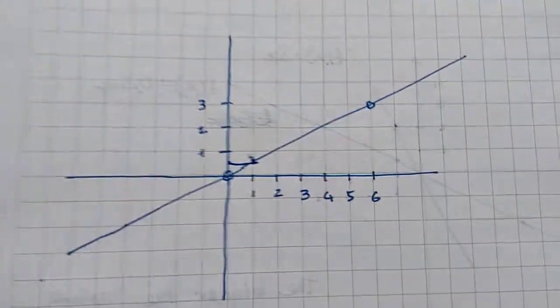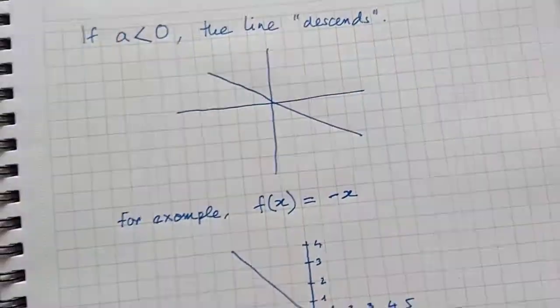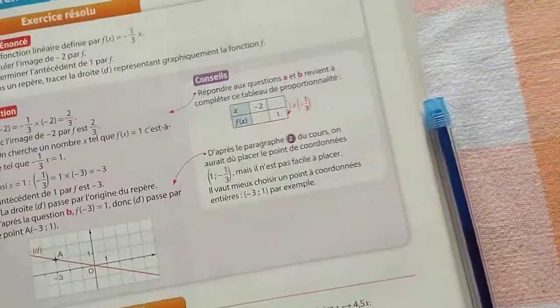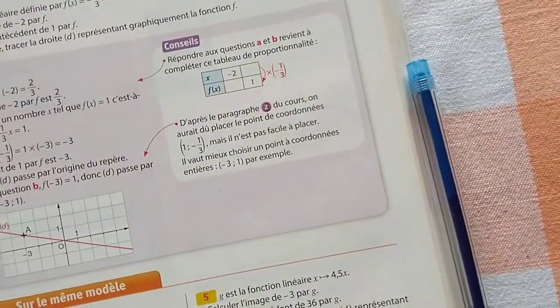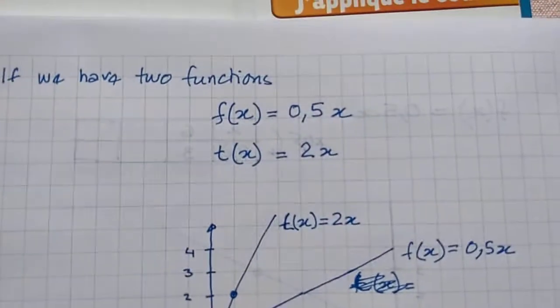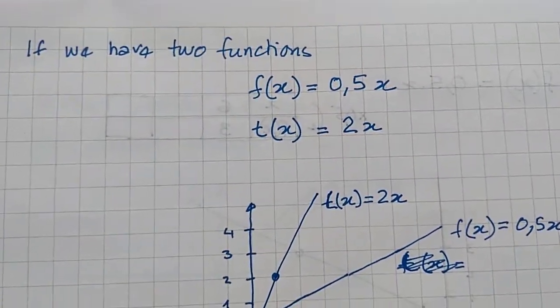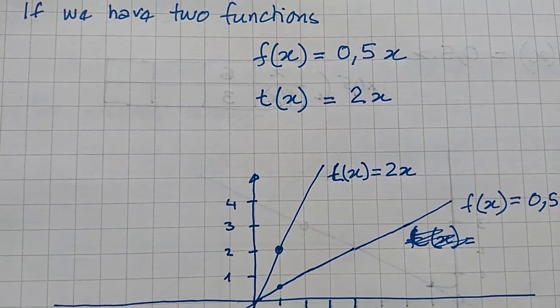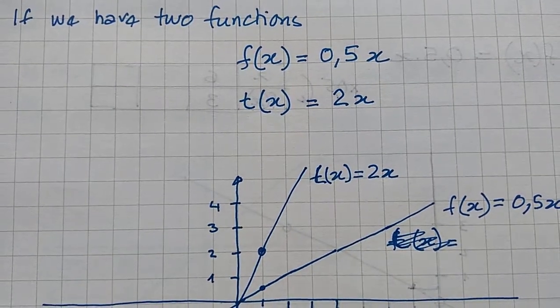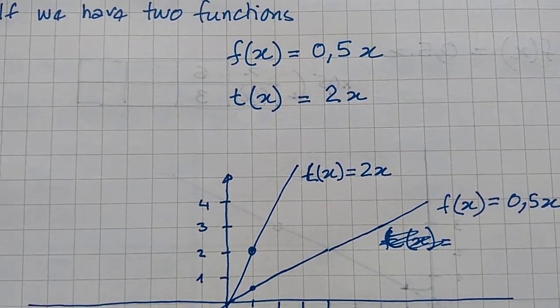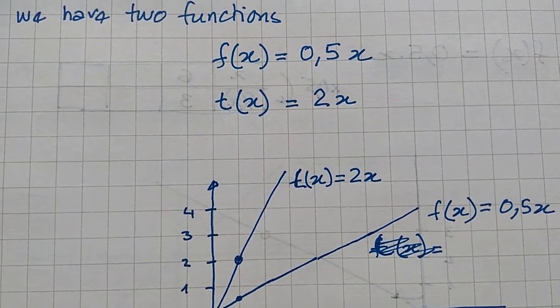Okay. So now, if we have two linear functions, I'm always talking about linear functions now. Let's take two linear functions: f(x) is equal to 0.5x and another one, t(x), is equal to 2x. Remember, both of these are linear functions.